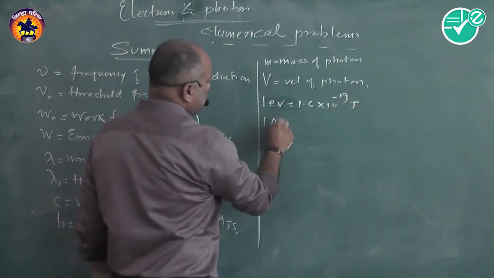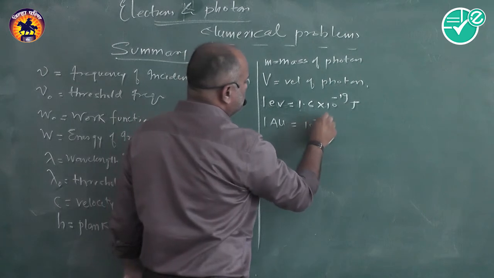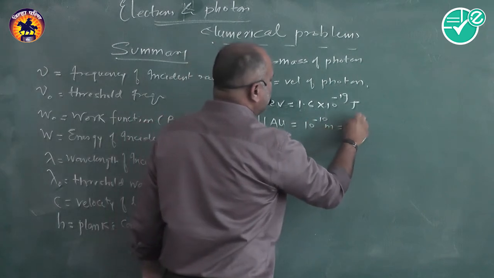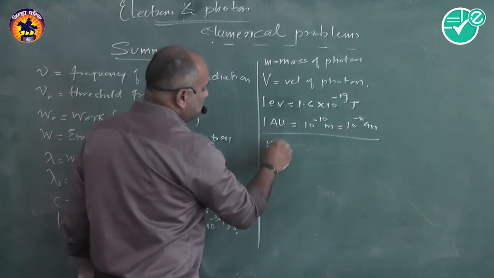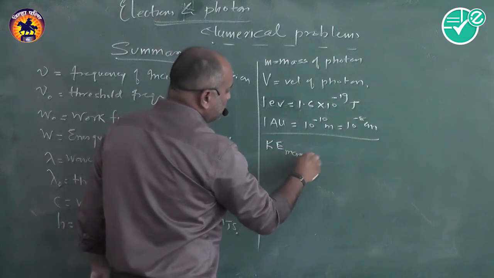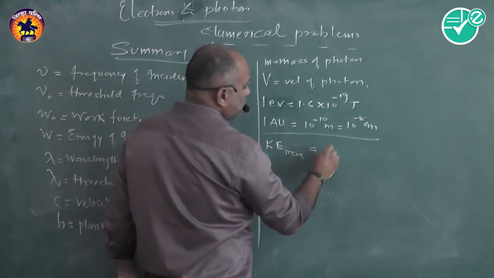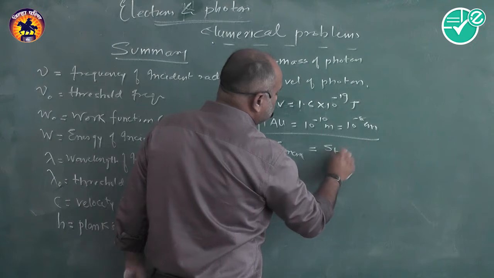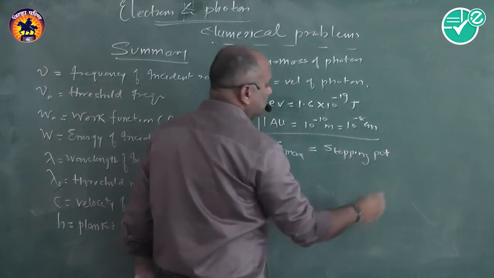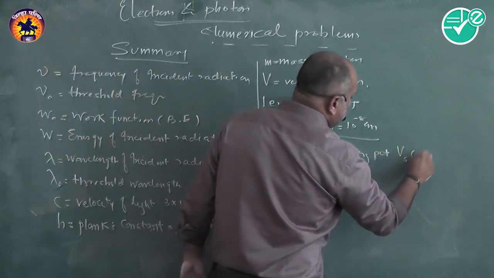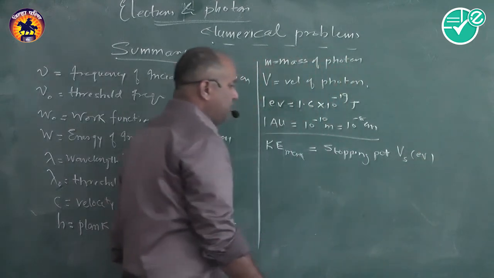1 angstrom unit is equal to 10 raised to minus 10 meter or 10 raised to minus 8 centimeter. And then kinetic energy max is equal to stopping potential, that is Vs, measured in electron volt.